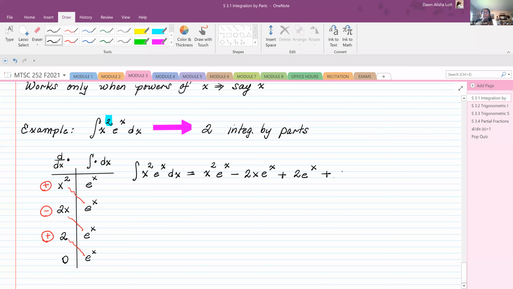Okay, anybody get an answer? e to the x times negative cosine x, minus the integral of negative cosine x times e to the x dx. There's your dx.